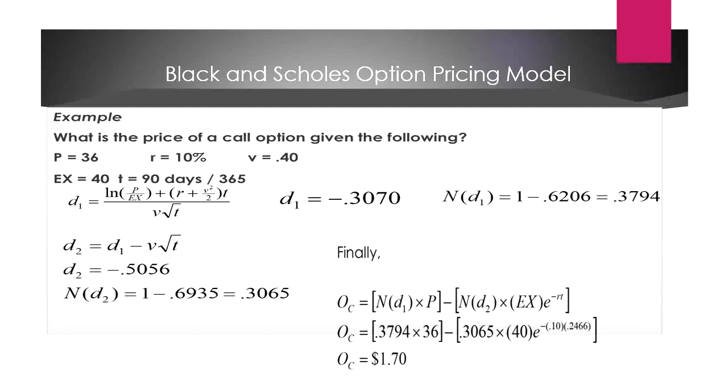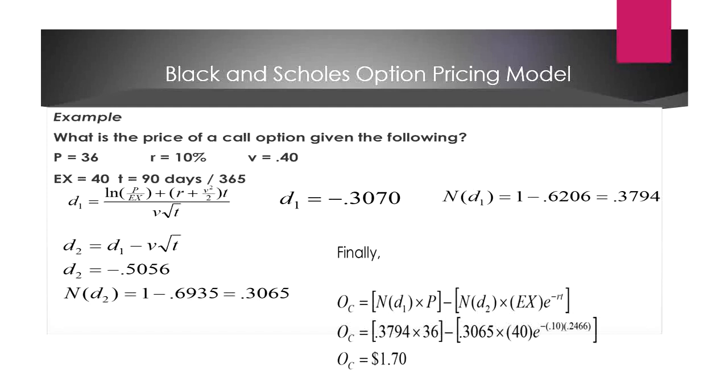Once we find N(d1) and N(d2) values, we go and find the option price by inserting these values: N(d1) of 0.3794 times the price of the stock, 36.